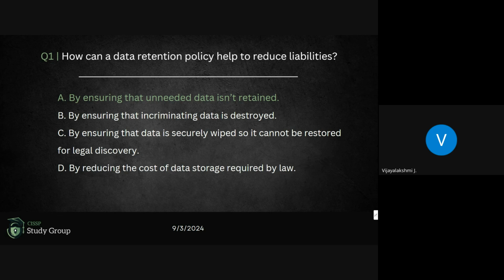And I cannot really relate it to liabilities because that's related with the legal counsel and all that. But I know for a fact that the data retention policy determines what is the retention period. So that's why I chose that, but I don't know exactly how they connected.